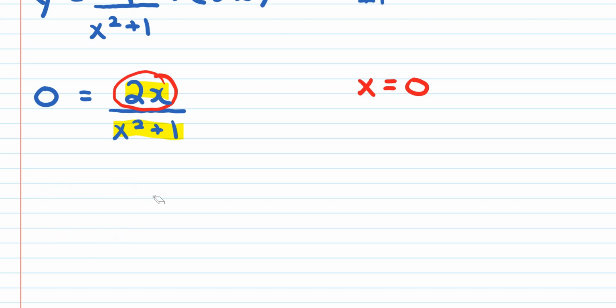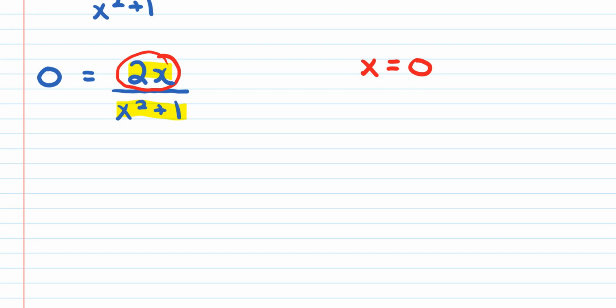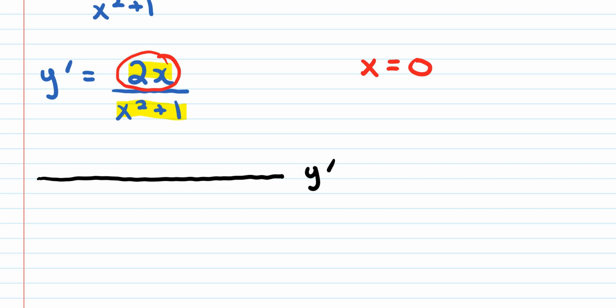Okay, so if I just change this back to y prime now, I can set up a horizontal number line. So this is y prime, and I can put my critical point right on the number line, x equals 0, right? So this critical point, let's just put that there, and now let's apply the first derivative test.